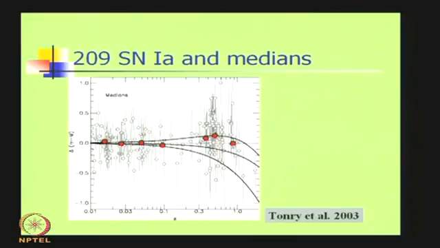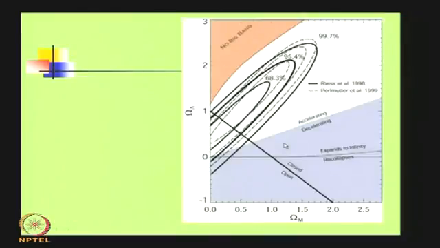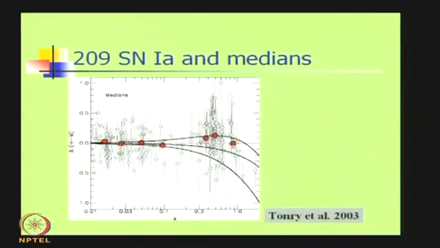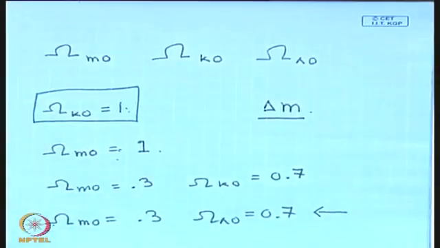So this was using 209 supernova 1A. This is a reference 2003. Not very new, pretty old. Now you can consider a class of cosmological models where there are 3 parameters.